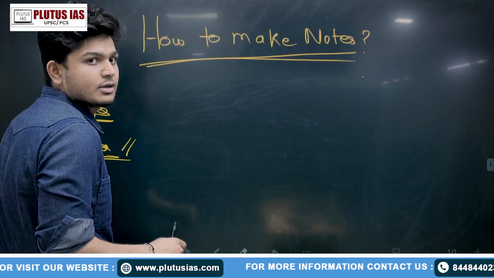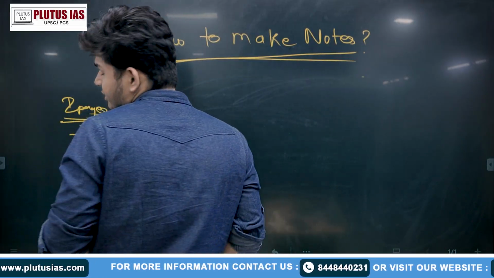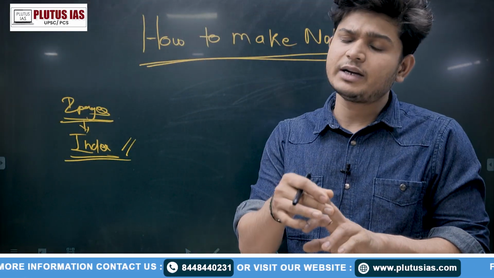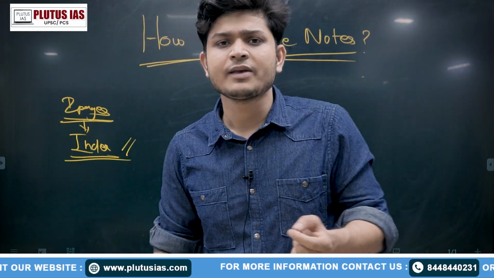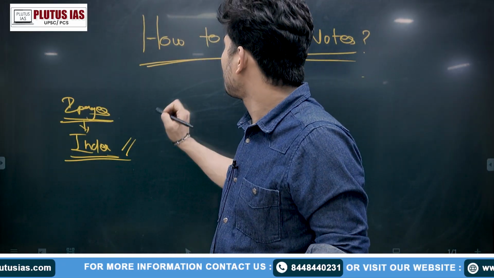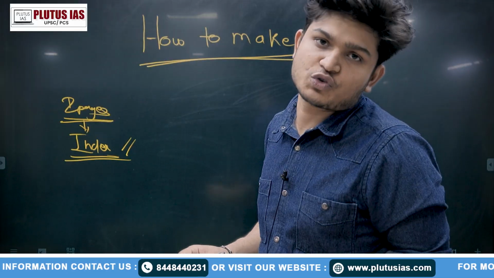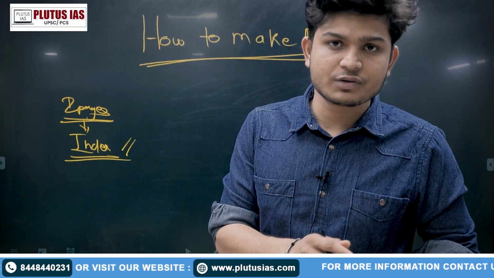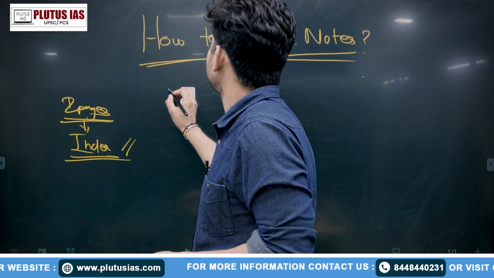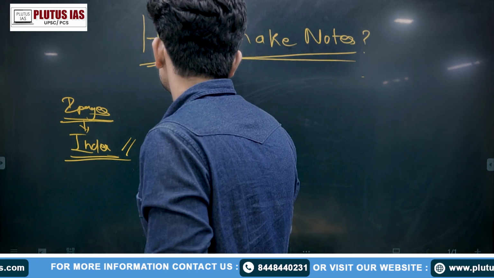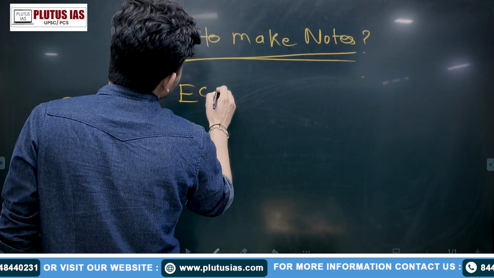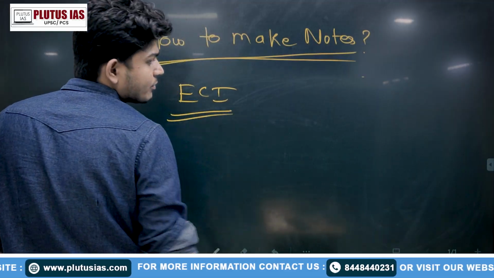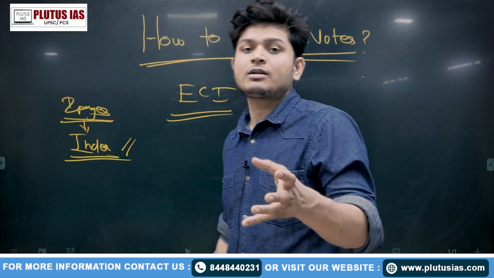Always make an index, no matter which subject, whether it is history, environment, or anything else. How will it help? Suppose there is a topic in current news, say the Election Commission of India.